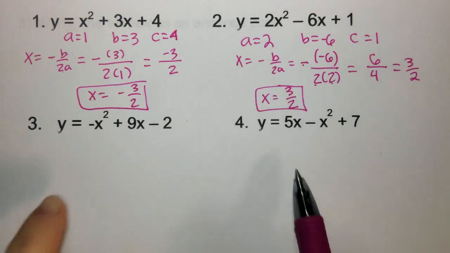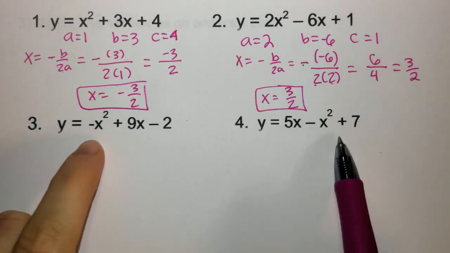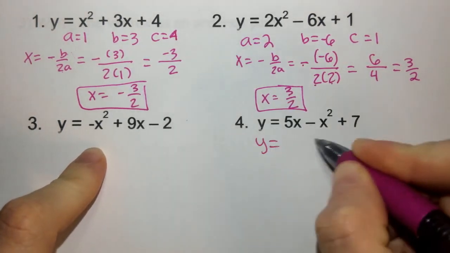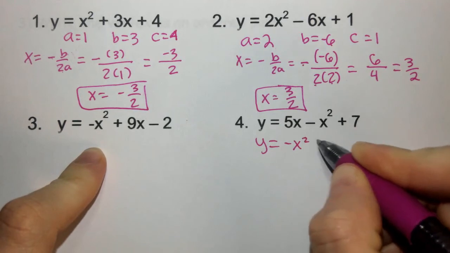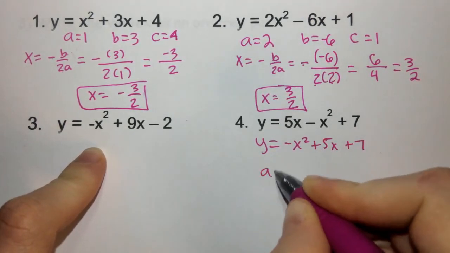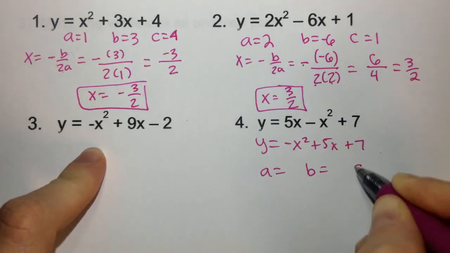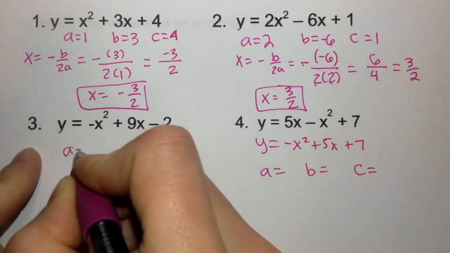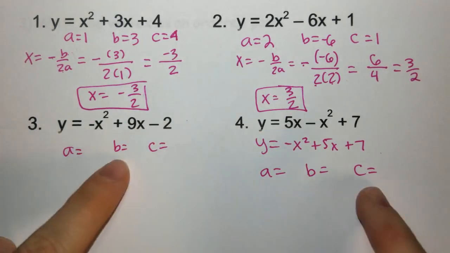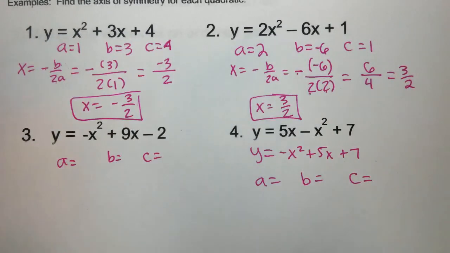So back to the polynomial, standard form is always putting its highest degree first. So you want to reorder this: negative x squared plus 5x plus 7 first, and then identify A, B, and C. This one already is in standard form. So I'd like you to go ahead, identify your A, B, and C for both of these, and follow these same steps on finding the axis.